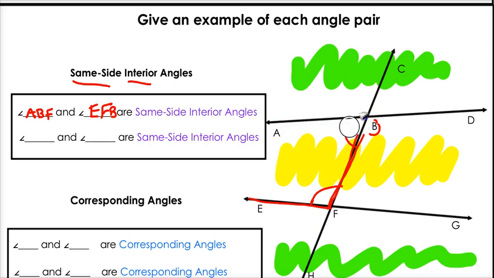Alright, so that was our first set of same side interior. Let's try another set. Our other one would be on the other side. So these are on the interior, and they're on the same side, right? Now, to name them, once again, I'm going to trace. So this is my angle, it goes D, B, F. You see?